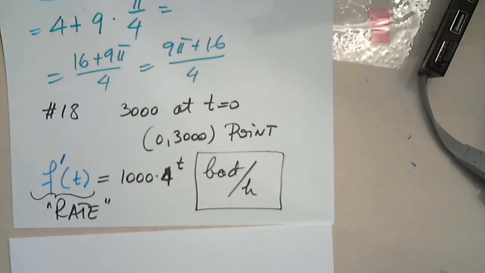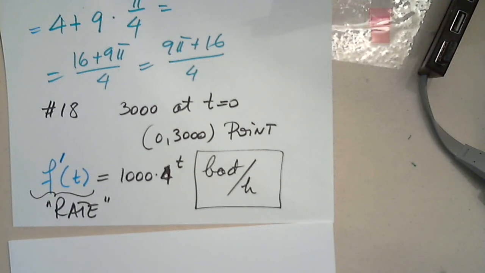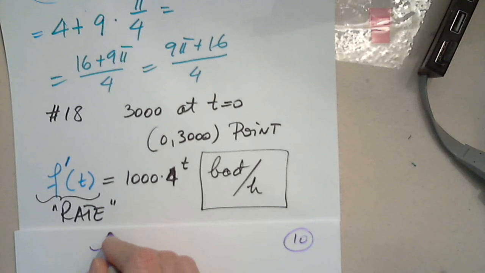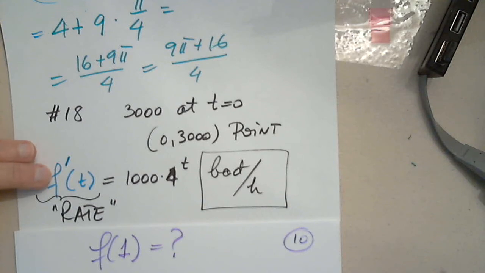And then I read on: what is the population after 1 hour? So obviously, I'm asked to find this. If this is the rate, then they want the population at 1.